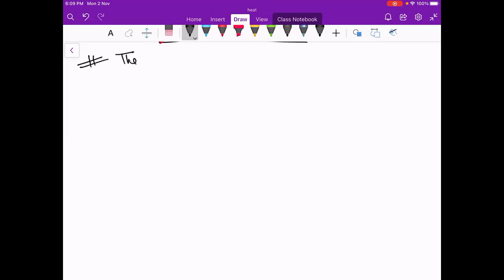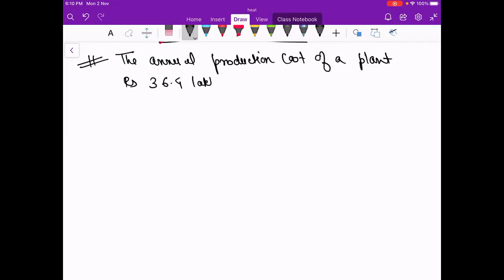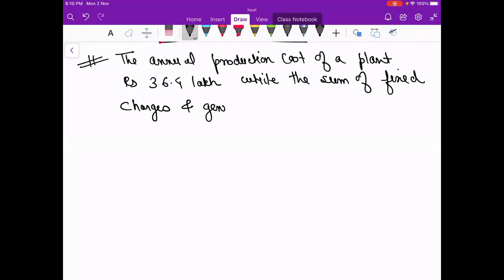Okay, solve the question. The annual production cost of a plant is rupees 36.4 lakh, while the sum of fixed charges and general expenses is 26 lakh.